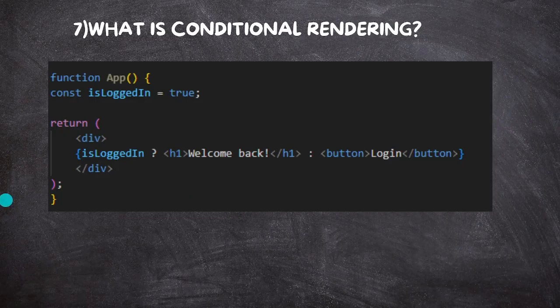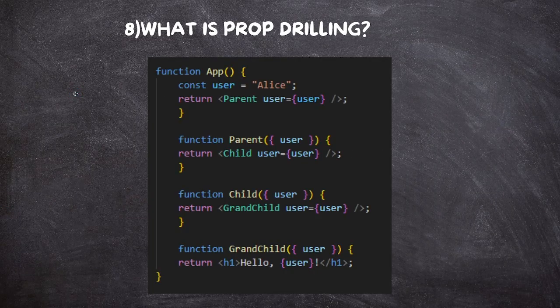As simple as that. The eighth question is, what is prop drilling? Prop drilling happens when you pass data from a parent component through one or more intermediate components to reach a deeply nested child. The middle components don't care about the data, but they still have to receive it and pass it down.